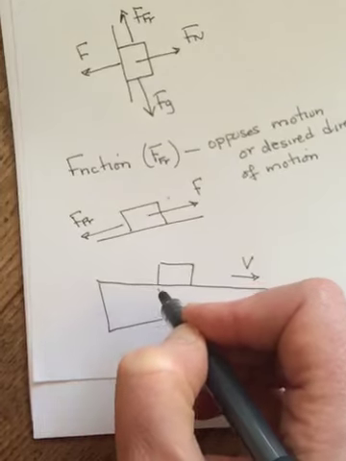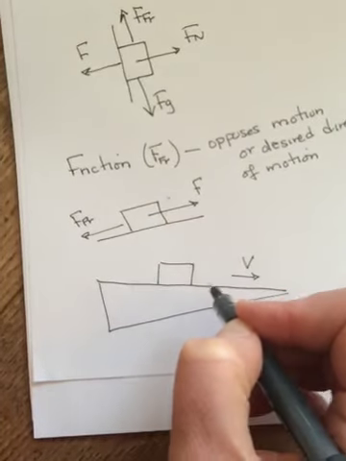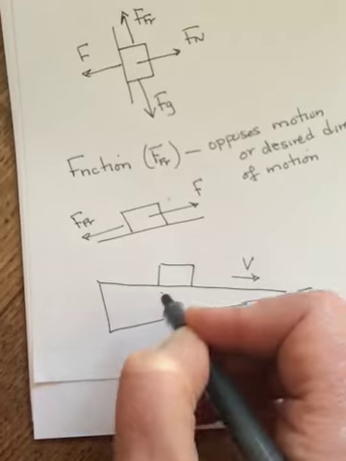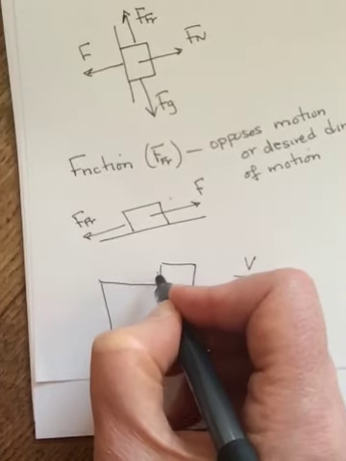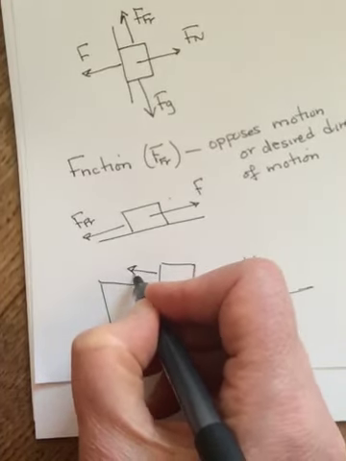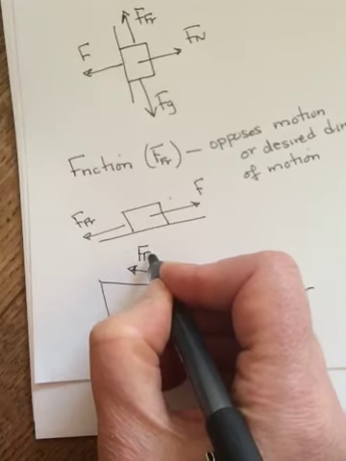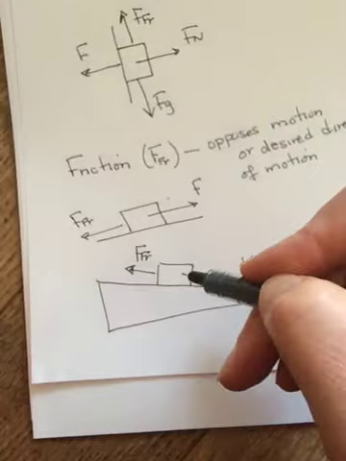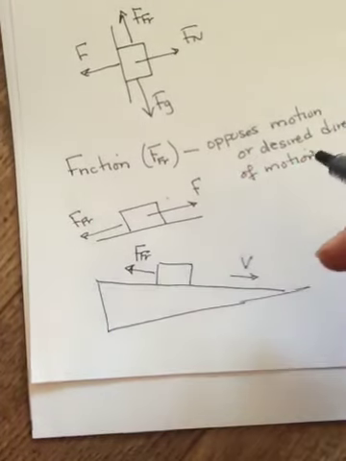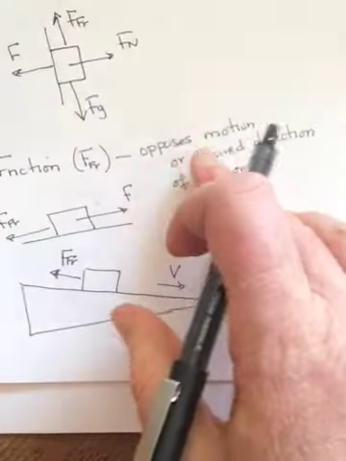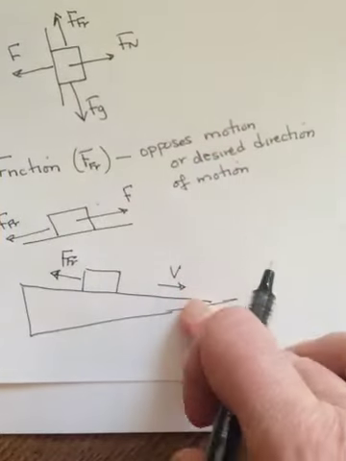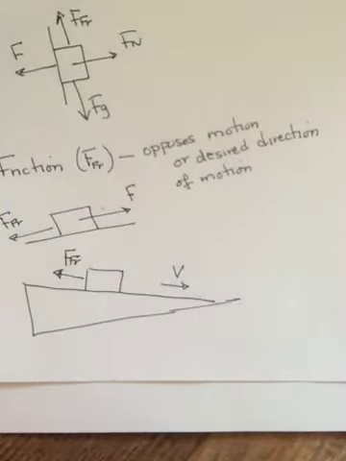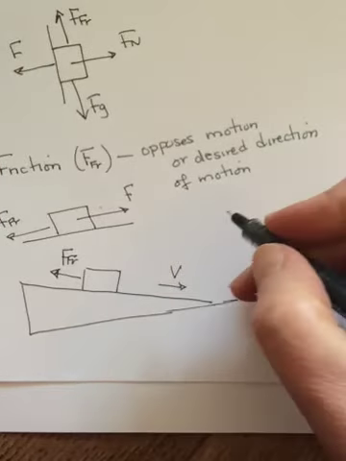Everything always wants to move to its lowest possible location, and so if it isn't moving down the ramp, it must be because friction is acting up the ramp to prevent it. So it's not moving, but friction is still acting on it, and it's opposing the desired direction of motion. Okay, so friction always opposes motion or the desired direction of motion.